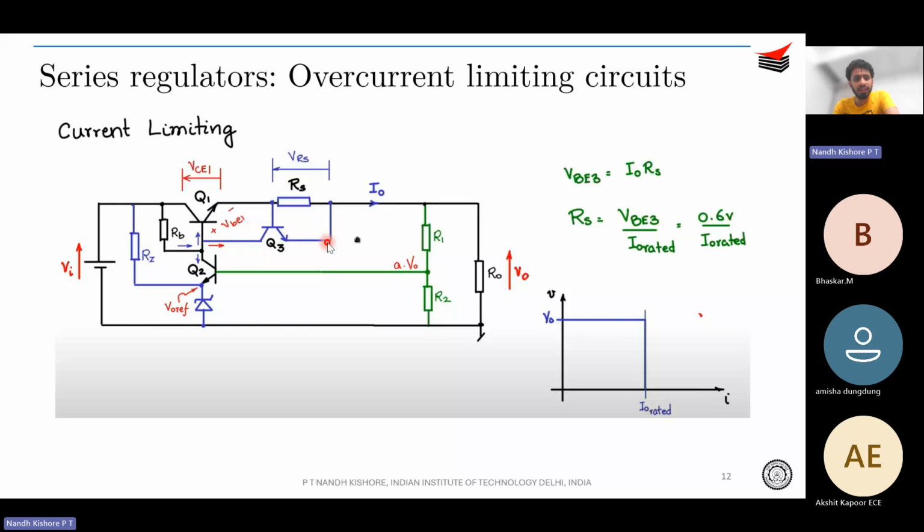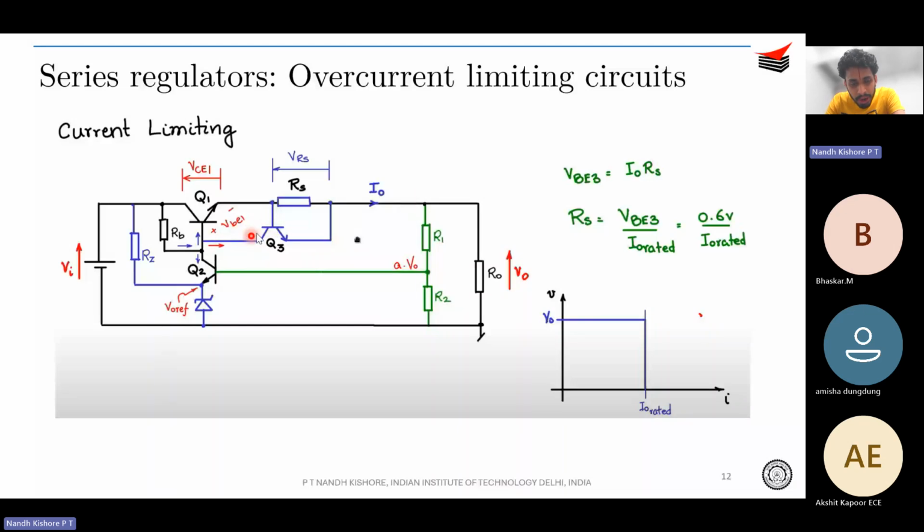Okay. So when will this BJT start conducting? This BJT will start conducting if the voltage across your base and emitter goes beyond 0.6 or 0.7 volts, whatever is the VBE, right? So whatever is your VBE for this Q3, if your voltage across base to emitter goes beyond that, only then this path will start conducting, right?